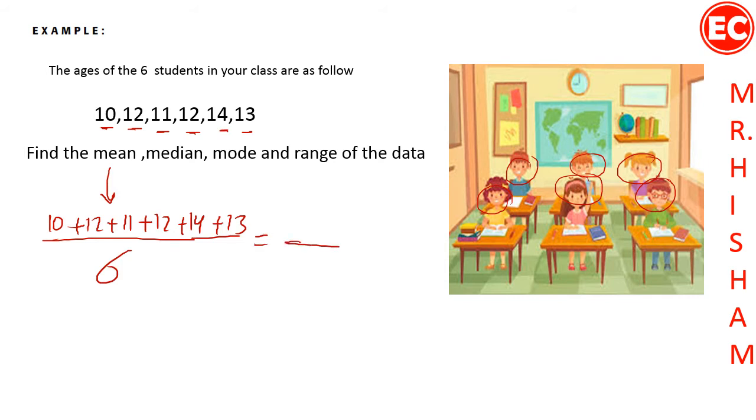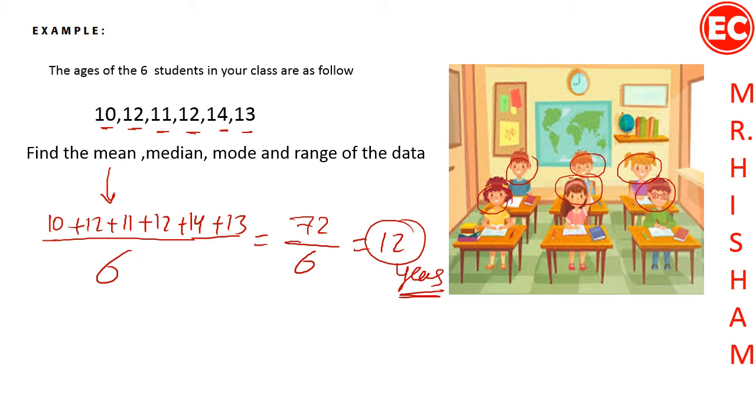So 10 and 12 is 22, 22 and 11 is 33, and 12 is 45, 45 and 14 is 59, 59 and 13 is 72. 72 divided by 6 is equal to 12.